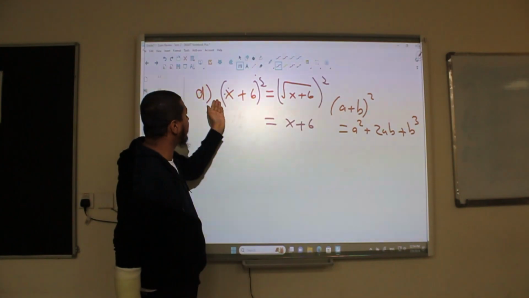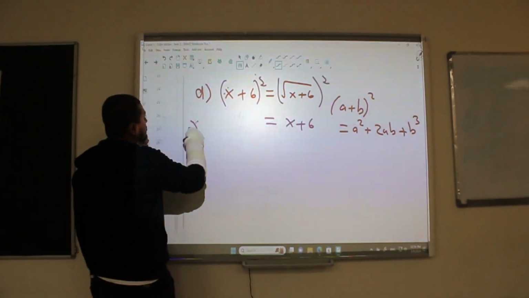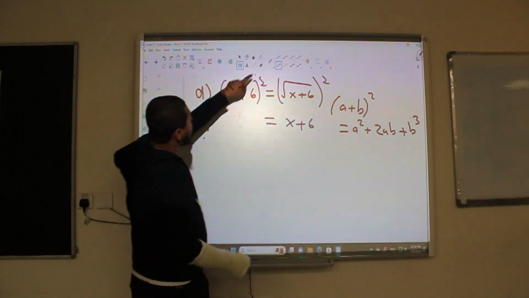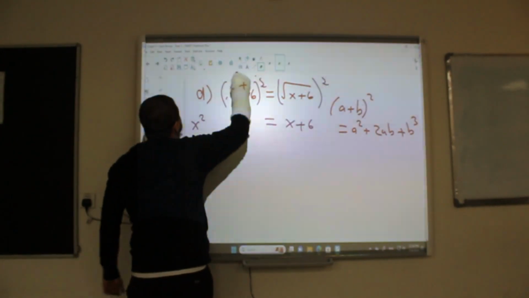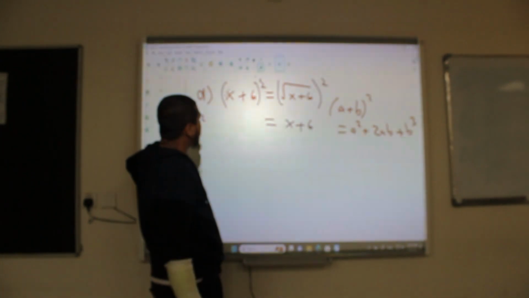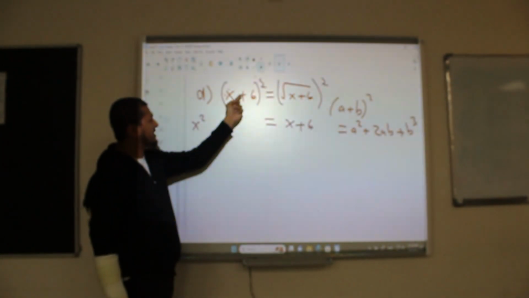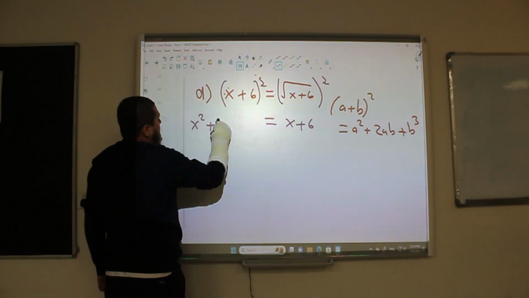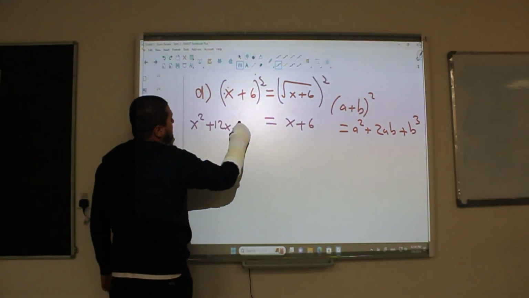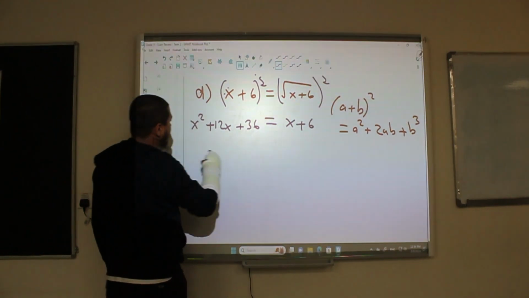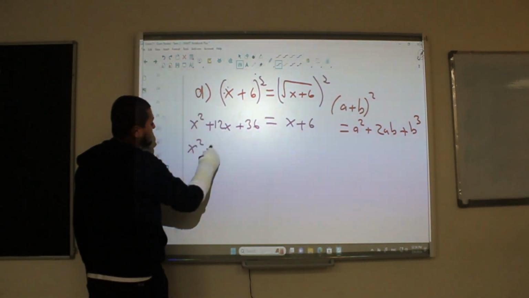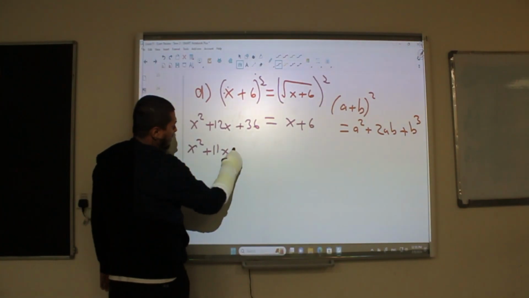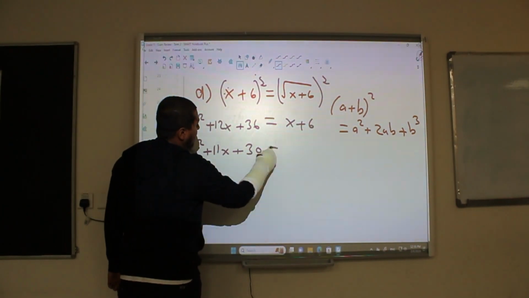But on this side, we are squaring a binomial. So we get x squared. What's the middle term? Middle term is 2 times x times 6, so plus 12x, and plus 36. Bring everything over, you get x squared plus 11x plus 30 equals 0.